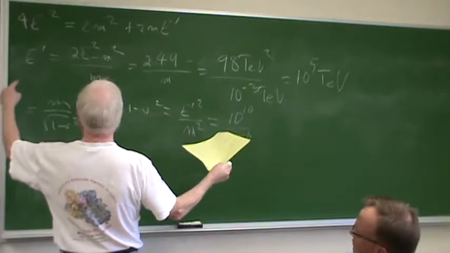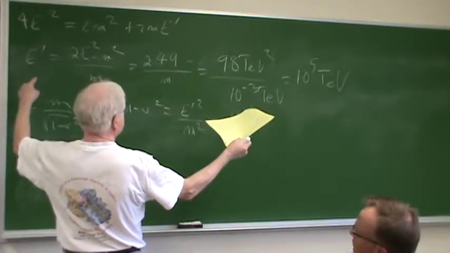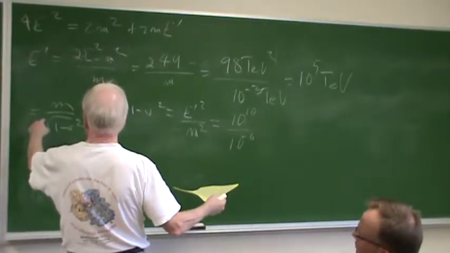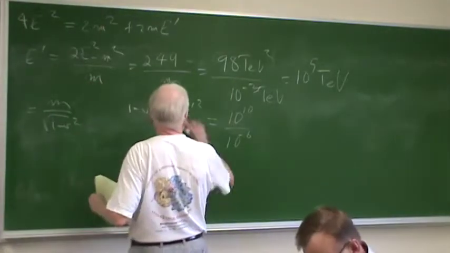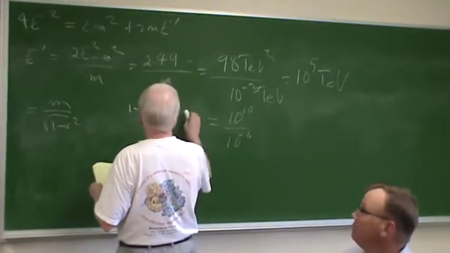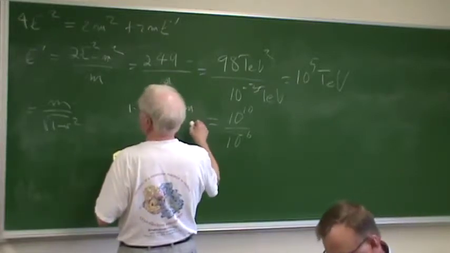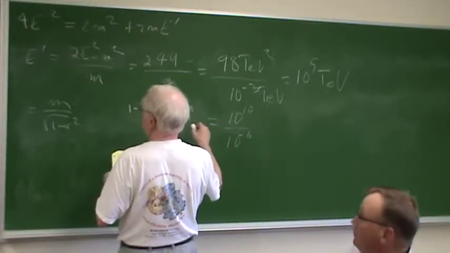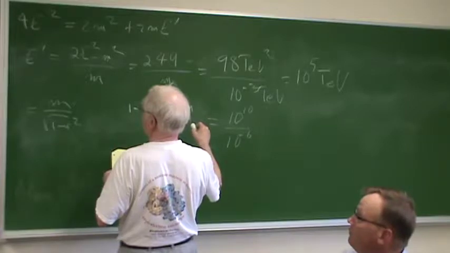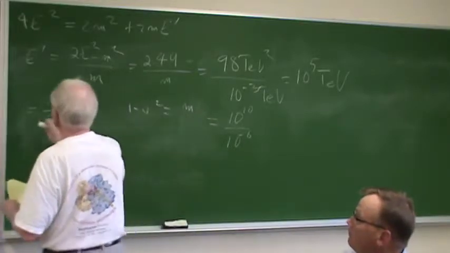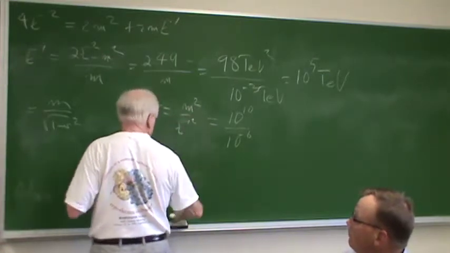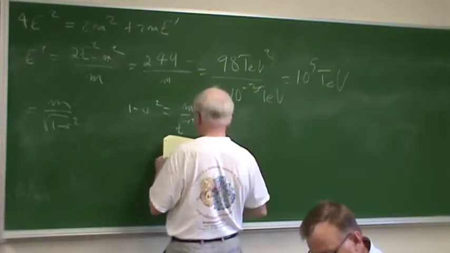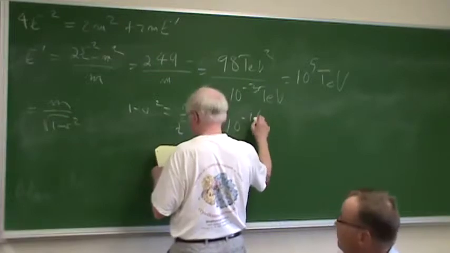There's an inverse going on here. Yes, thank you. So it should be m squared over e prime squared. And so this is 10 to the minus 16.